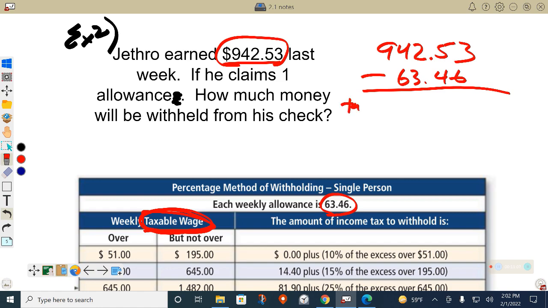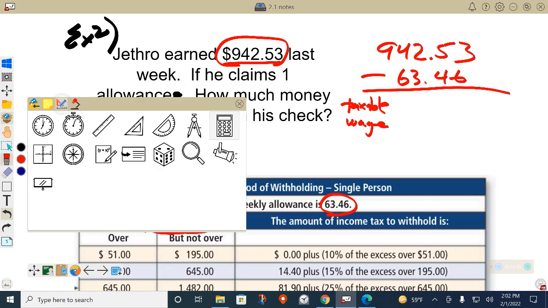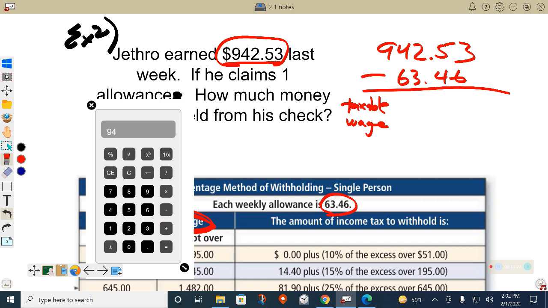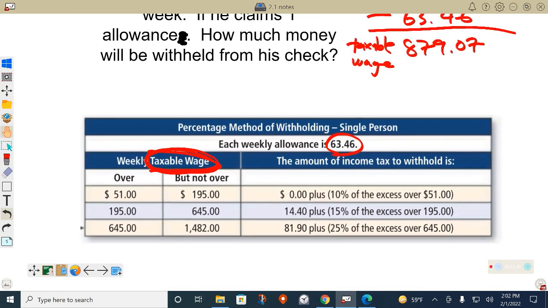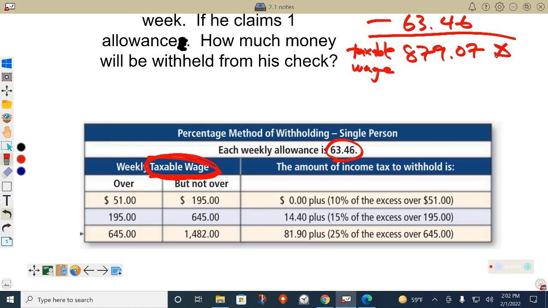So his taxable wage is going to be these two subtracted. 942.53 minus 63.46 is $879.07. There's his taxable wage.